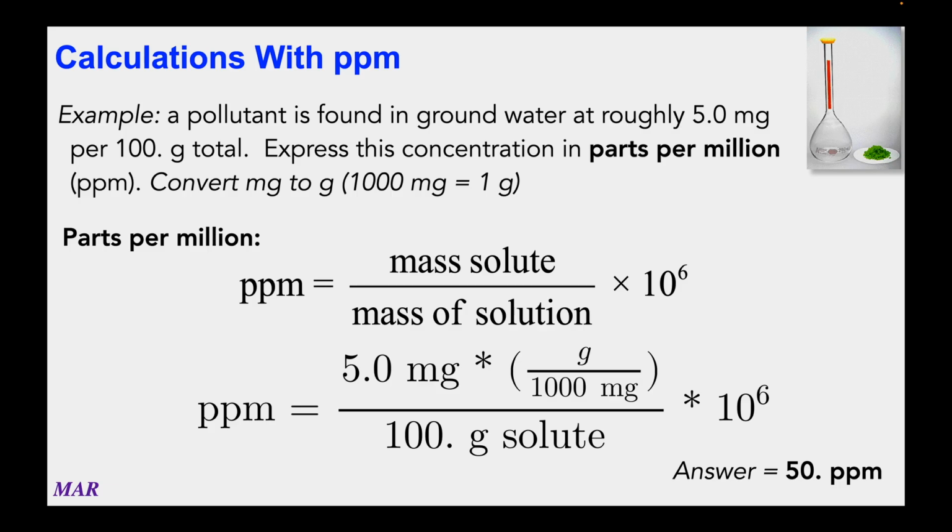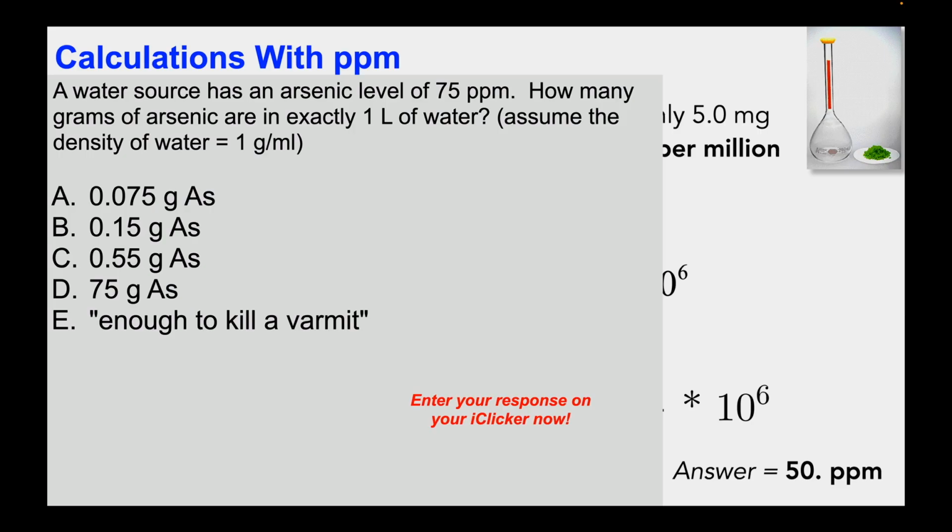So again, not a very big amount, but it could be enough to make differences in terms of people's health and stuff like that. Here's another example you might see. Here's a water source. It has an arsenic level of 75 parts per million. And the question is, how many grams of arsenic are in exactly 1 liter of water? In these kinds of problems, you just assume that the density is exactly 1 gram per milliliter.